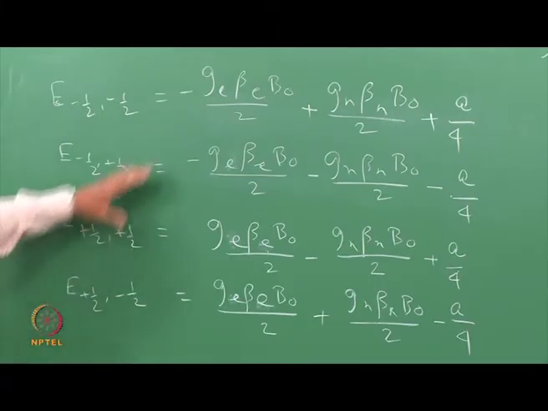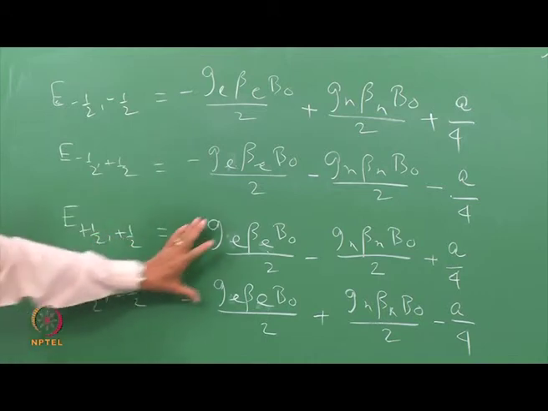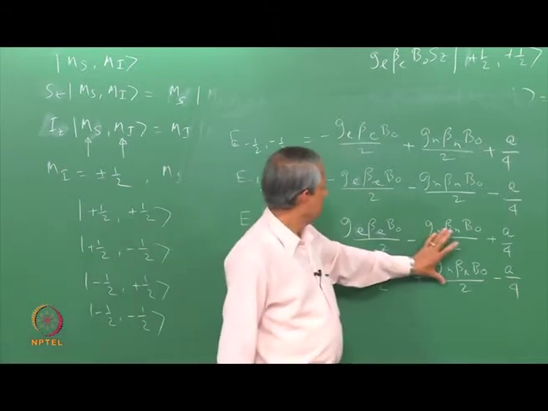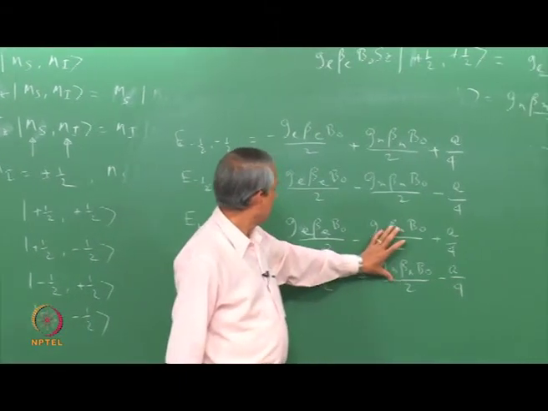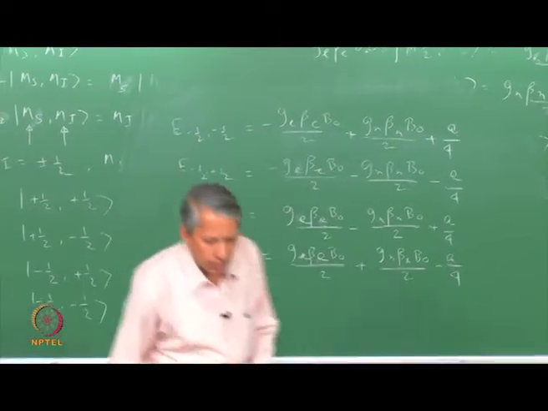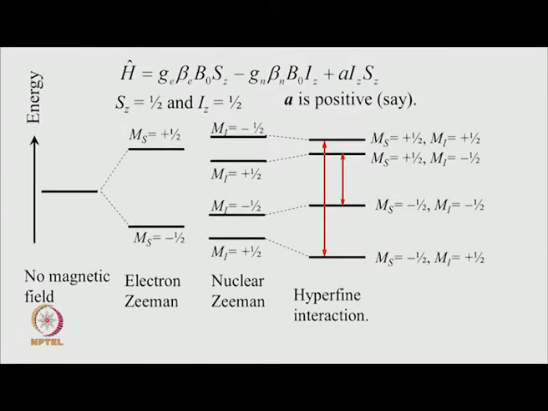Okay. So, the major interaction is coming from the electron Zeeman term here, and then this will be a very small contribution that will be added to that, and this will also be a small contribution. So, these are now shown here in this slide. When there is no magnetic field, all the 4 energy levels are the same. So, first we apply the electron Zeeman term. The maximum splitting is due to that, when the electron spin is minus half, it gives the lower energy, and plus half gives higher energy.